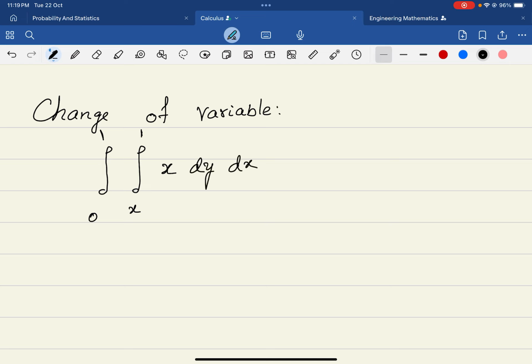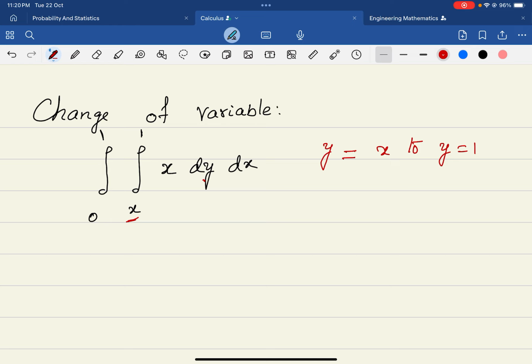Okay, now here there are two things. One is the variable limit, the other is the constant limit. So what we do, we just write down what are the variable limits here. What is the y limit here? Y limit is from x to 1, because you are integrating with respect to y. So y limits are from y is equal to x to y is equal to 1, I write.